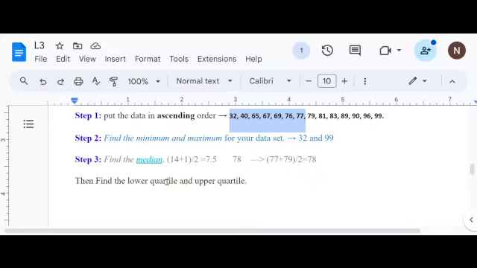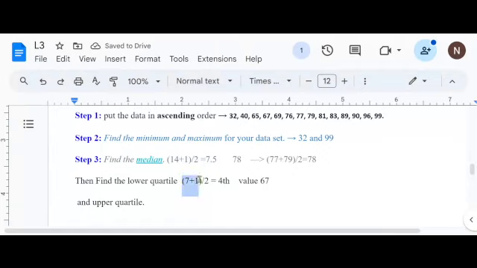So write down the lower quartile, or the first quartile, is going to be 7 plus 1 divided by 2, equal to the fourth place. Which one is the fourth place? 1, 2, 3, 4. The value is 67. Is this clear?